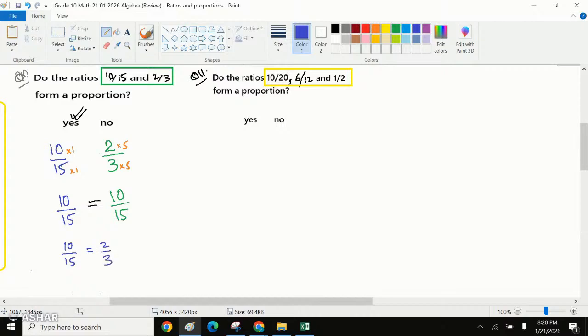These fractions can be called proportional to each other, or they are also known as equivalent fractions. So we want to see whether these three fractions are equivalent or not. So 10 upon 20. The second one was 6 upon 12. And the last one was 1 upon 2, right?